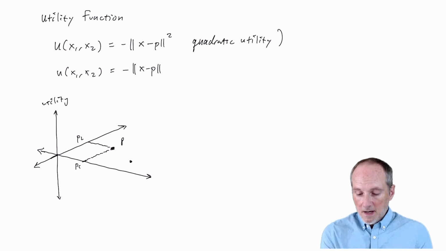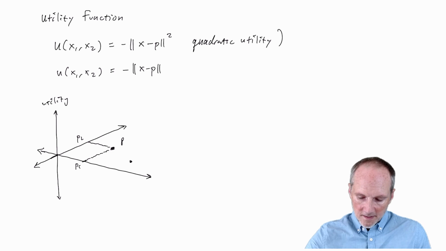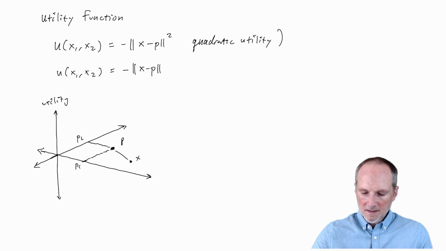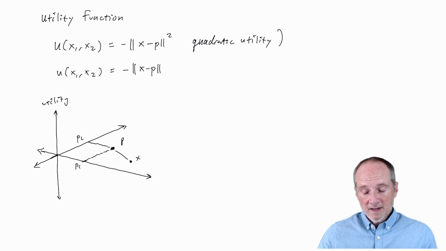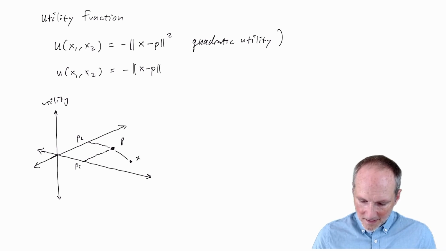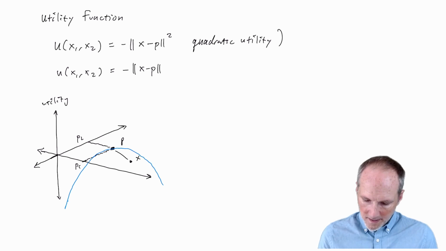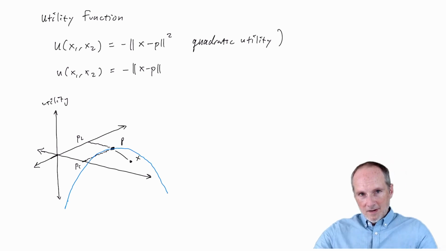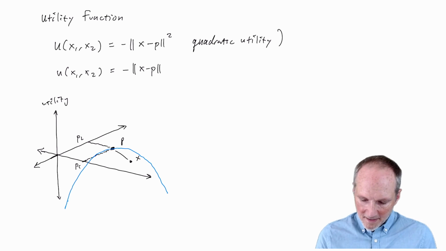To get the utility, we look at the distance between that policy x and the ideal point P. We square that distance and multiply by -1. So the utility is going to be negative. If I were going to graph this utility function, it's going to be underneath that plane because it's going to be taking negative values.